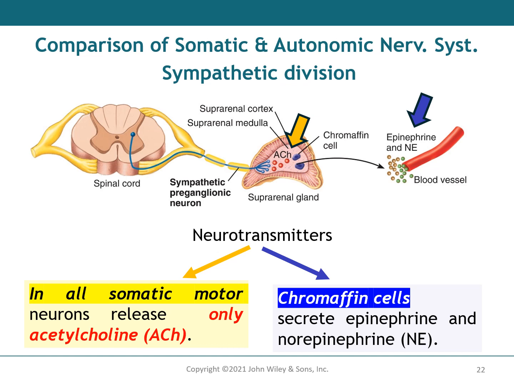And in this alternative, where we have this chromaffin cell, there will be a difference in the neurotransmitter. While in all somatic motor cells you will have acetylcholine, in the chromaffin cells, instead, you're going to have epinephrine and norepinephrine.